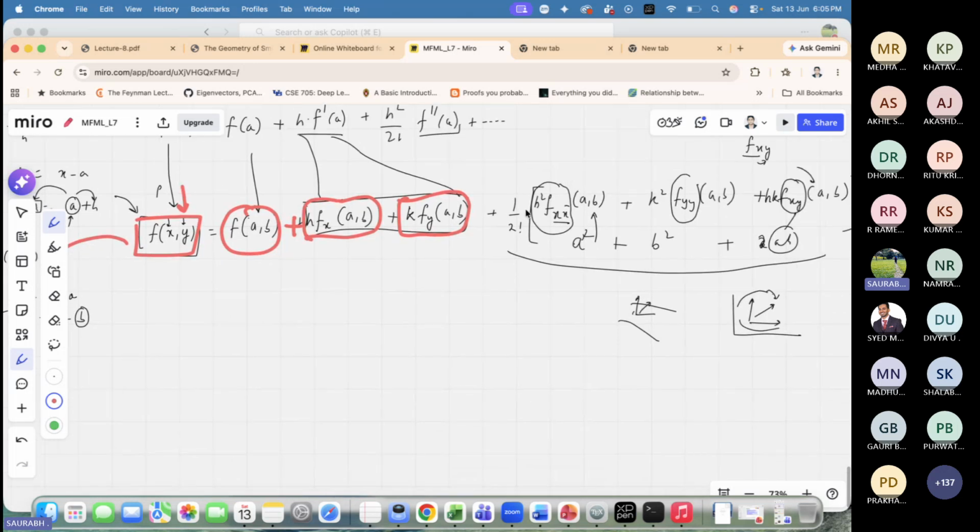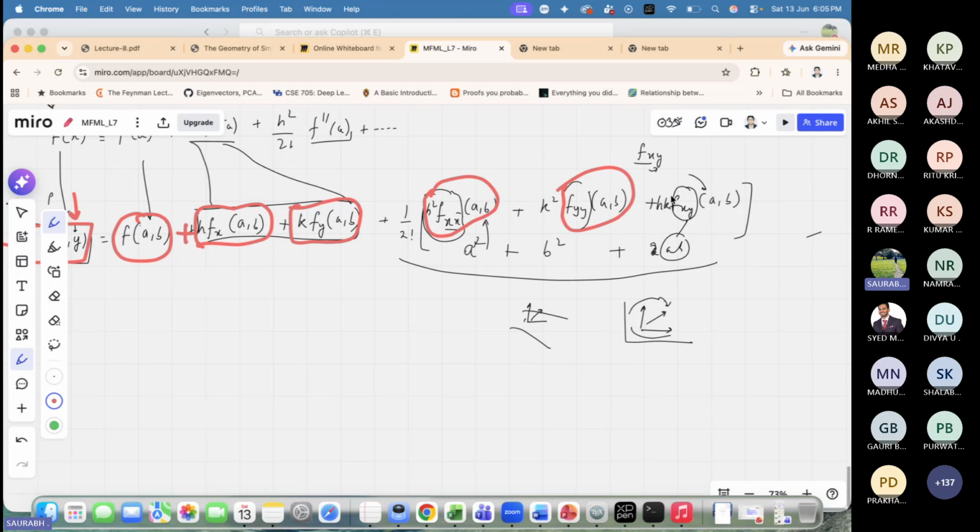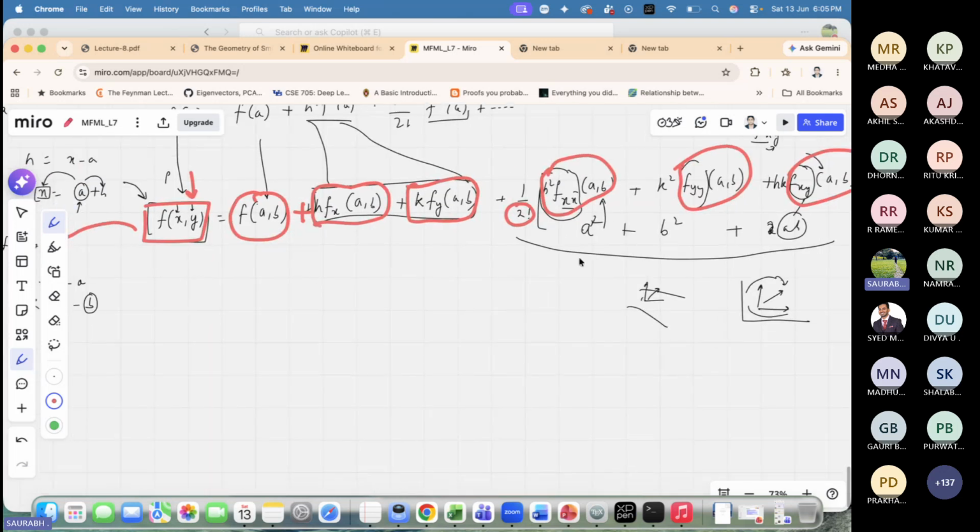Then you have the double derivatives: the rate of change of the slope in the x direction, the rate of change of slope in the y direction, and the rate of change of slope in the xy direction. Don't forget to add these factorial values as you keep adding more terms. But eventually you will not go beyond 2 degree to add this 1 by 2 factor.